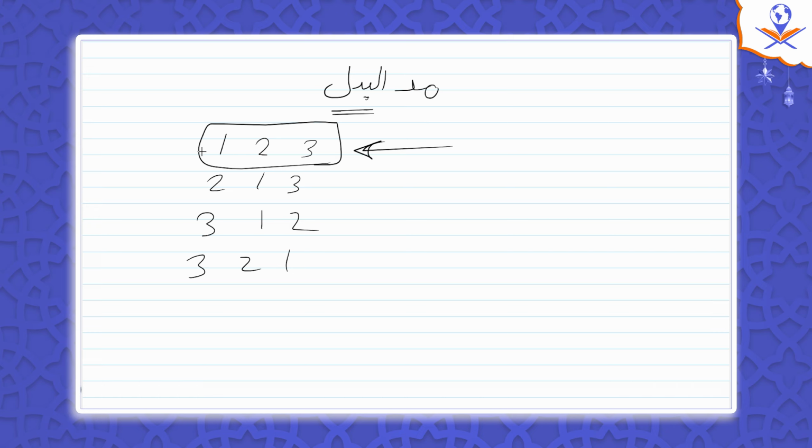So if you make 2, 1, 3, this is unusual, and you have made the method of badal. You change 2 from the second position and give it the first position, and 1, which was in the first position, you put in the second position. You give it the second rank. So this is the method of badal. This is what the word badal means, to change or something changed.